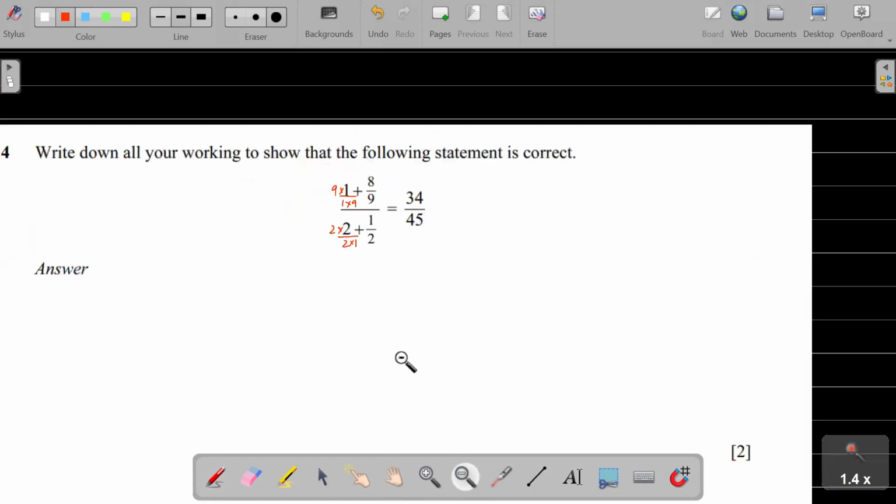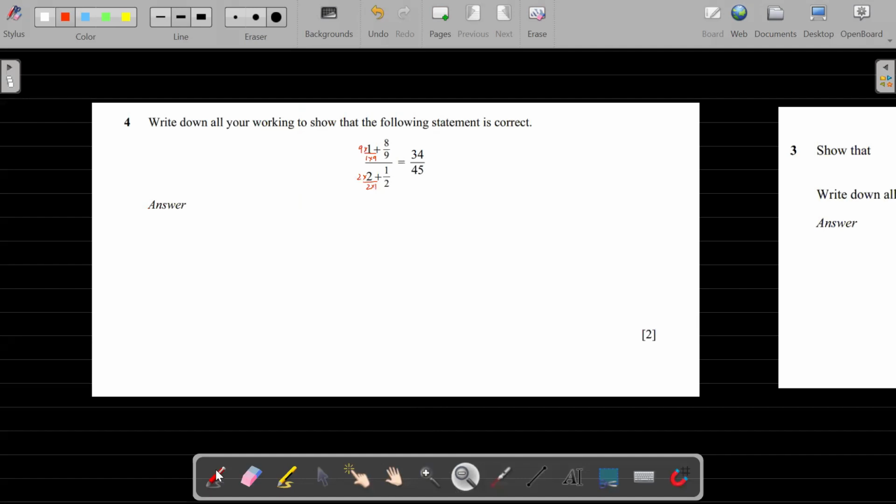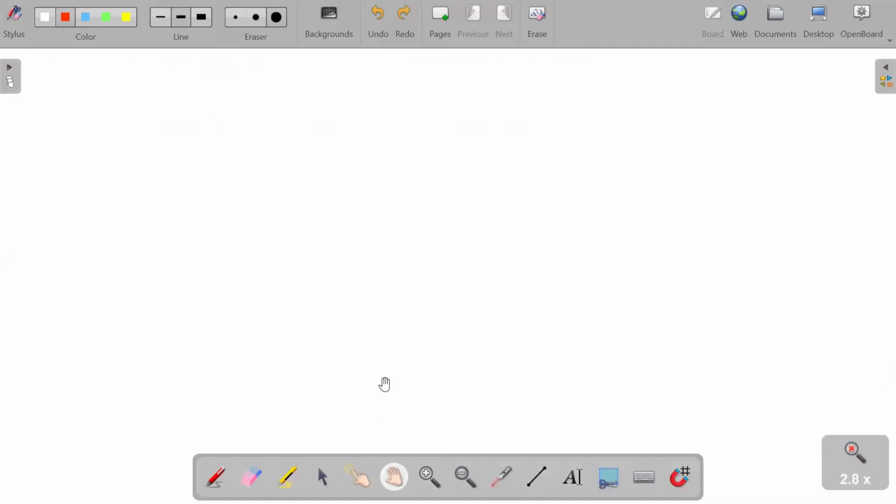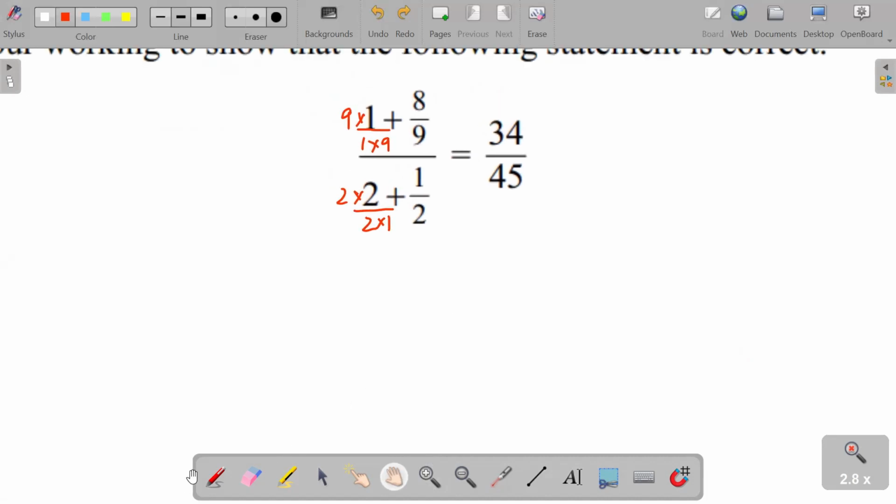So let's simplify it now. I will be writing it in one denominator, which will be 9. Let me zoom in again so that things are clear.